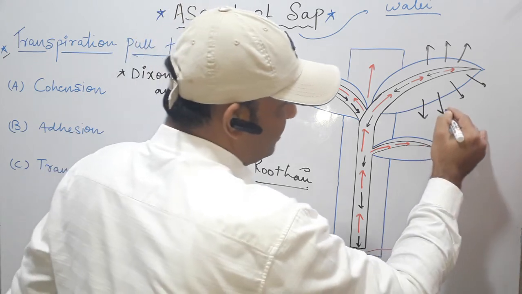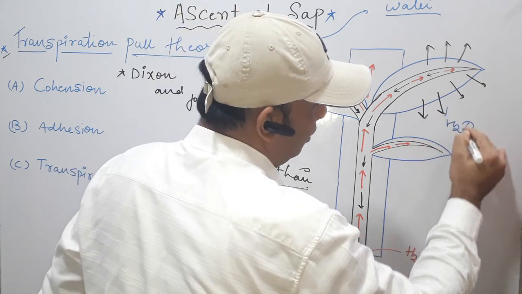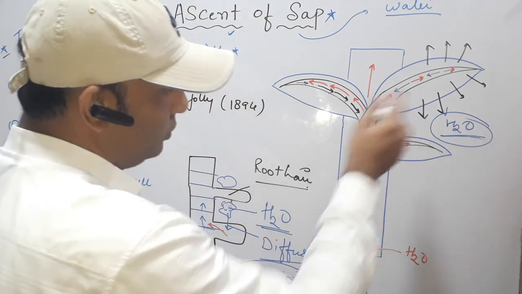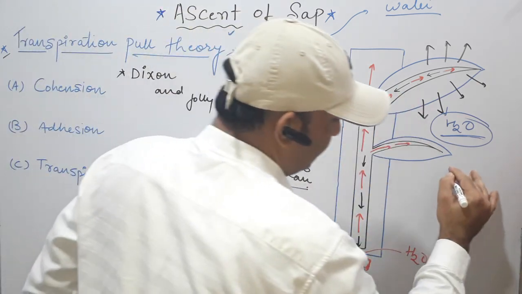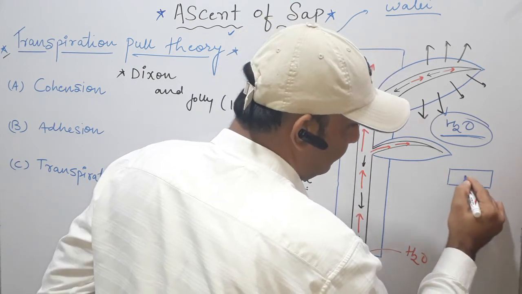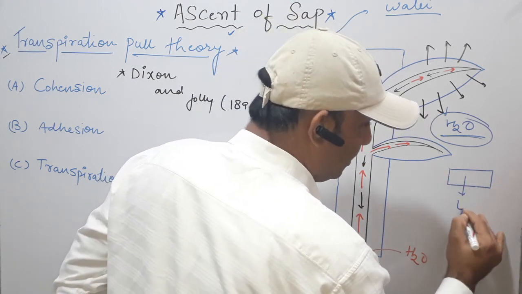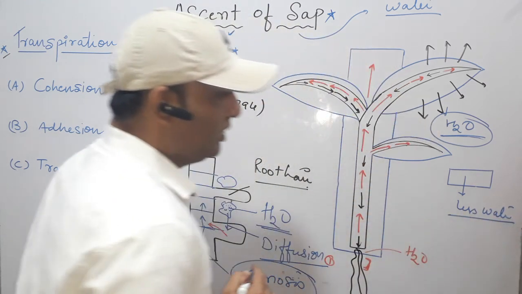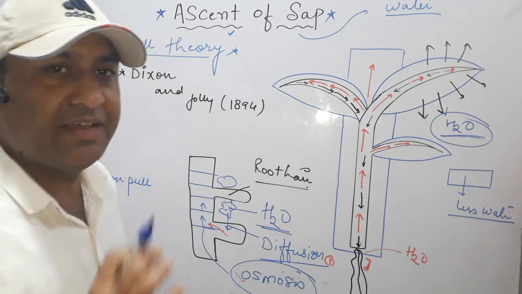Due to transpiration, excess water is lost by the plant. So the plant constantly loses water, and due to this loss of water, the cells of the plant, the mesophyll cells, contain less water, and this low water creates diffusion pressure deficiency.